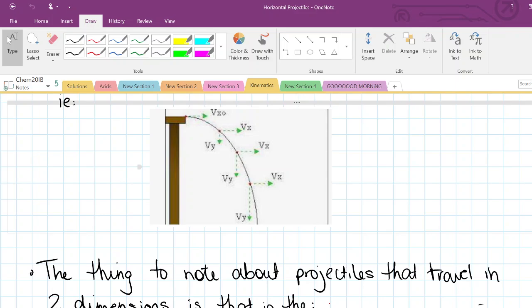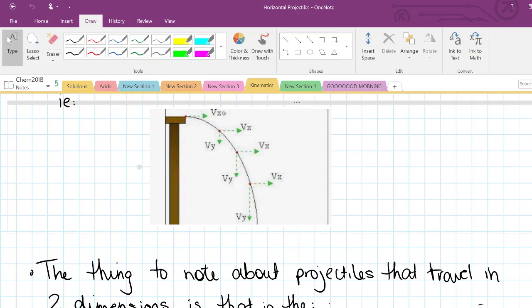But as we freeze frame the projectile at different points on its trajectory in the downward motion, you're going to see that the y component starts to grow, getting longer and longer as it moves toward the earth, as its displacement in the y direction grows. But if you compare that to the component in the x direction, you'll notice that this arrow stays the same all the way through.